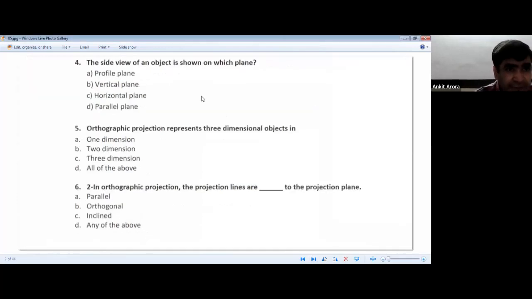The side view of an object is shown on which plane? Now, they have not put in a technical term that I had mentioned to you, but you have to select the best possible option out of this. Tell me. Confused? There are different names to that particular plane, so don't get confused. The examiner could ask you in any different way. So tell me, B6, B7, and Ritu, what would be the plane that is there for the side view?